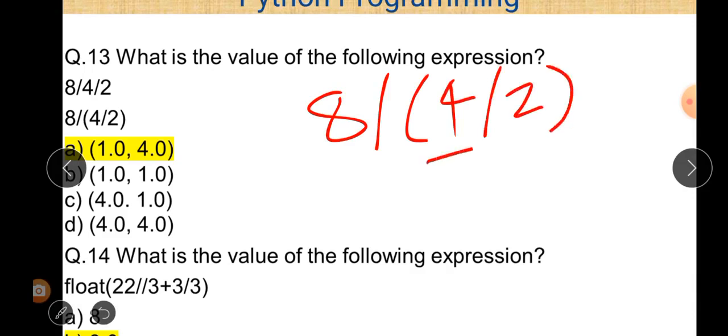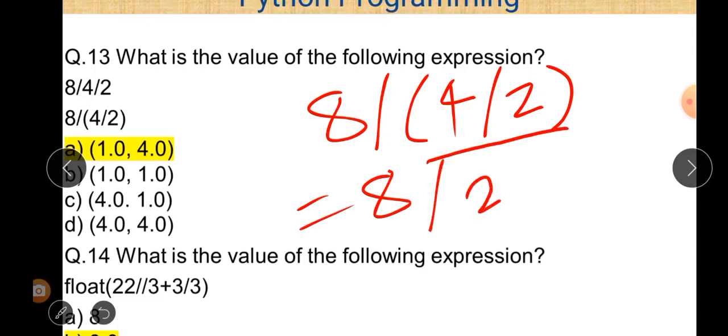Parenthesis should be evaluated first, and we get 4 divided by 2, which means 2.0, and when 8 is divided by 2.0, our answer is 4.0, because the division operator always returns the answer as a float value. So the answer is 1.0 and 4.0. That is the correct answer.